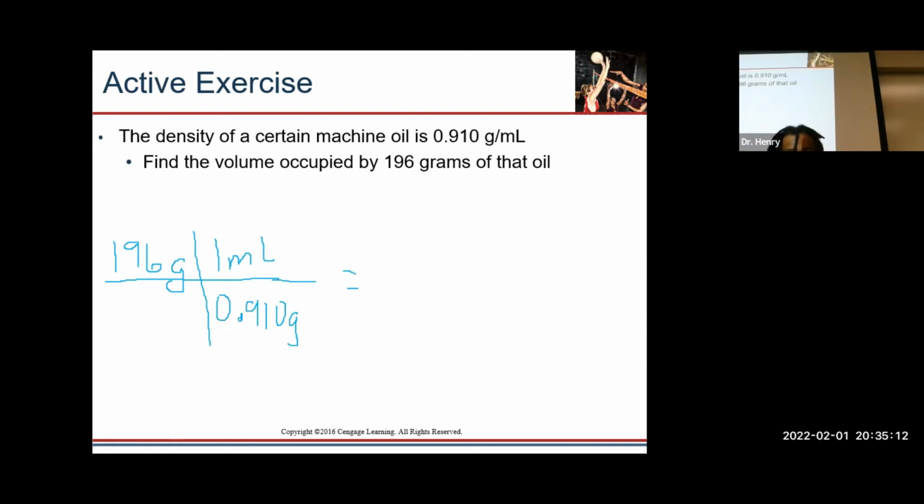Grams are going to cancel out, and we're going to be left with milliliters. What did you guys end up with?